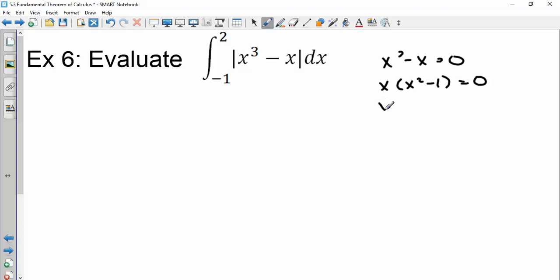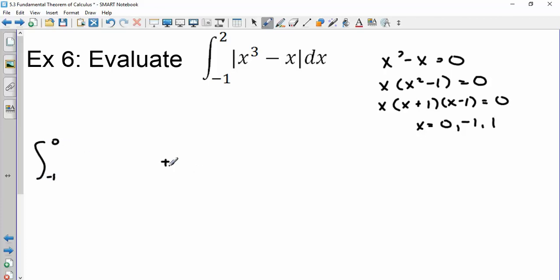How do I factor x squared minus 1? So this thing equals 0 at 0, negative 1, and positive 1.